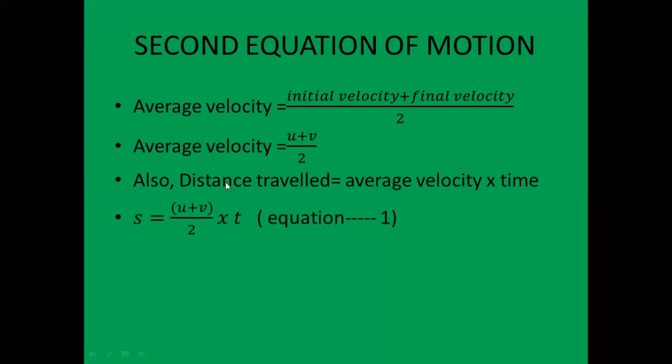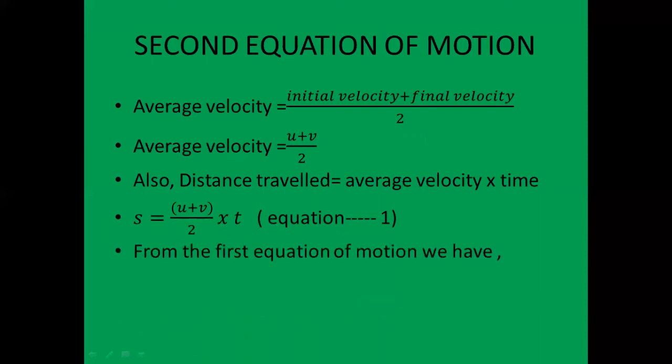Instead of average velocity we can write (u + v)/2. So s is equal to (u + v)/2 times t. We can call this equation 1.